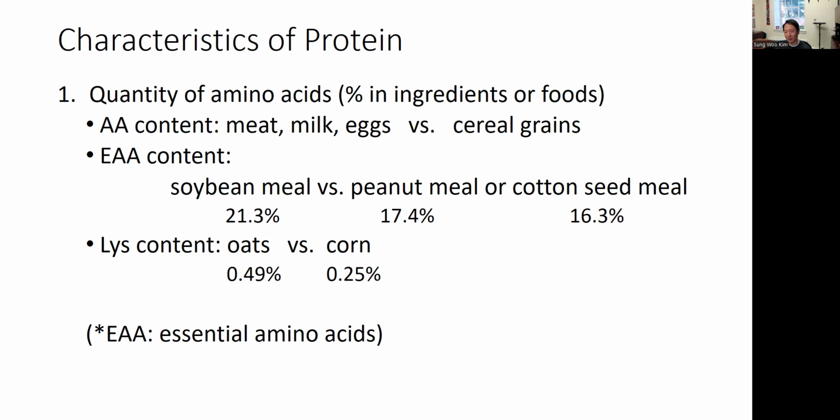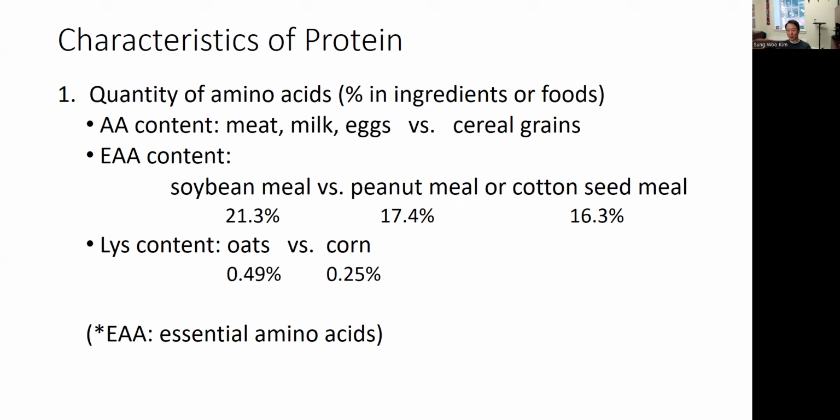Once you have peanuts, you remove the oil from that, so you obtain peanut butter. The leftover is peanut meal. Same thing for the cottonseed meal. Once you obtain oil from cottonseed, we call it cottonseed oil. The leftover, when it's cooked and dried, is called cottonseed meal. All these are commonly used feedstuff, feed ingredients for animals.